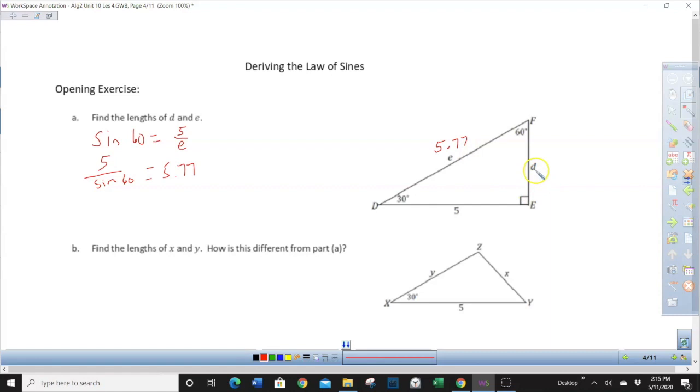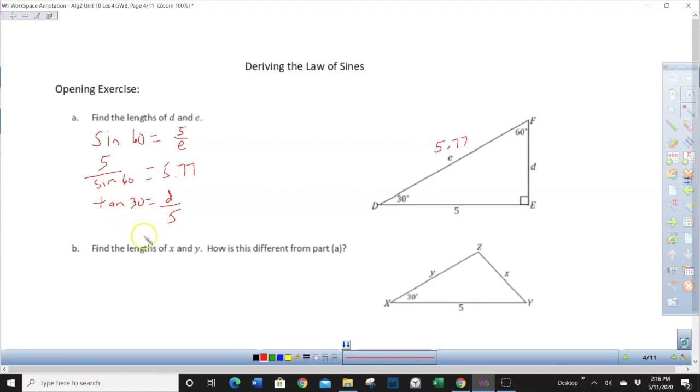So if I use tangent, I can do tangent of 30 equals opposite over adjacent. And to put that in the calculator, all I have to do is multiply both sides by 5.